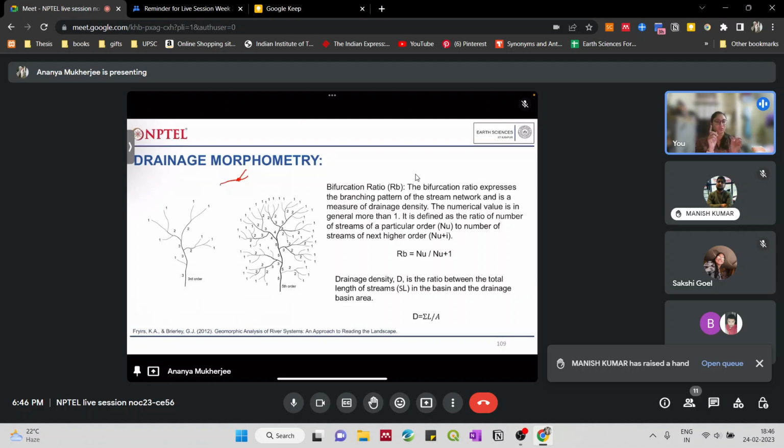The channels which are not splitting into more channels are your first order streams. A lower number stream order is given to those. Now when two lower order streams join, they form a higher order stream.